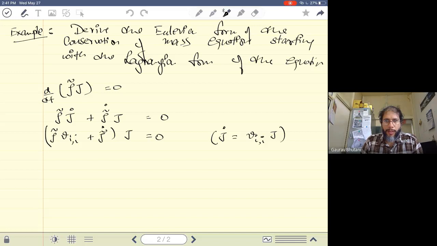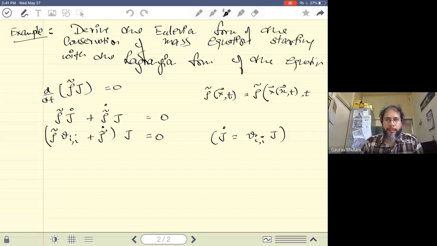Now, remember that rho tilde still is the density written in terms of the material coordinates, capital X and T. We can substitute capital X as a function of small x and T by the inverse mapping.